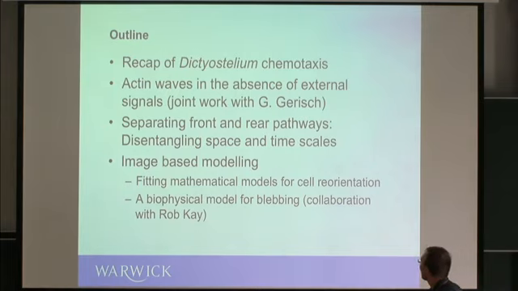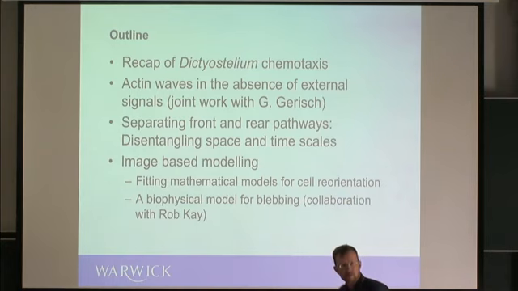And the last one is a different aspect that relates to cell mechanics, and that is a biophysical model not for genuine blebbing, but only for bleb site selection. This is a collaboration with Rob Kay here in Cambridge, and the earlier work was all done in Günter Gerisch's lab when I was at the Max Planck in Munich.